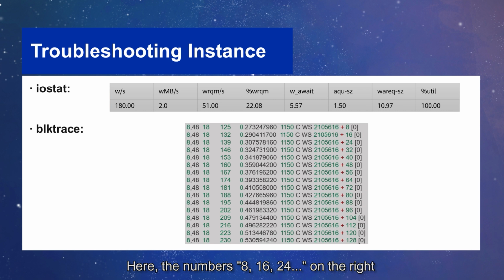Here, the numbers 8, 16, 24 on the right indicate the number of I/O sectors. As the size of each sector is about 0.5 KB, we can find that in the first result, the delivered I/O matches the size we defined, but later the I/O size is increased by 4 KB each time and surpasses the desired size.